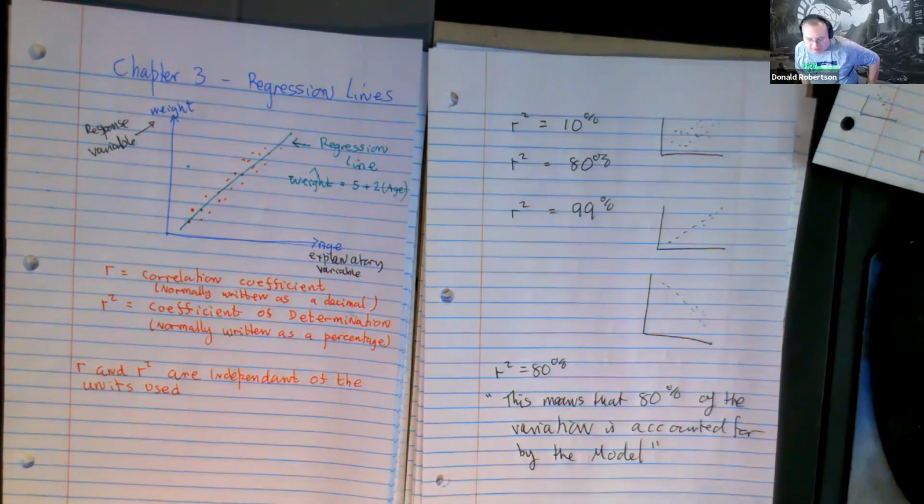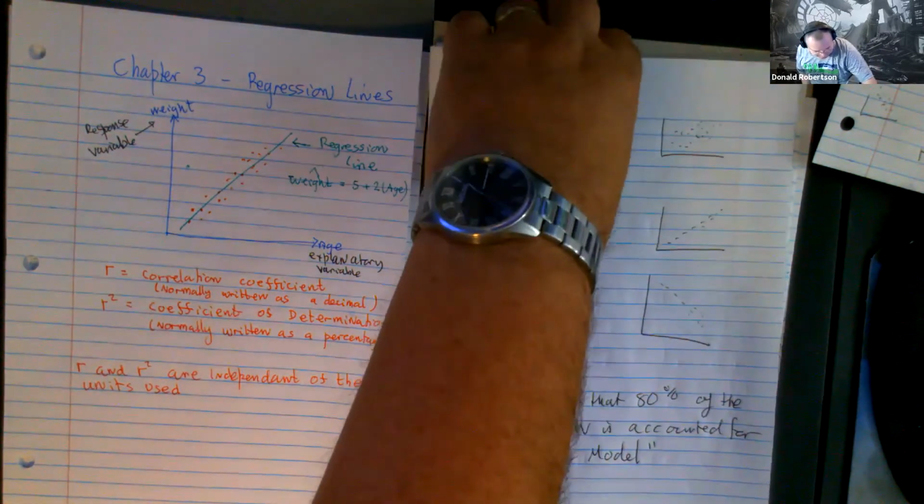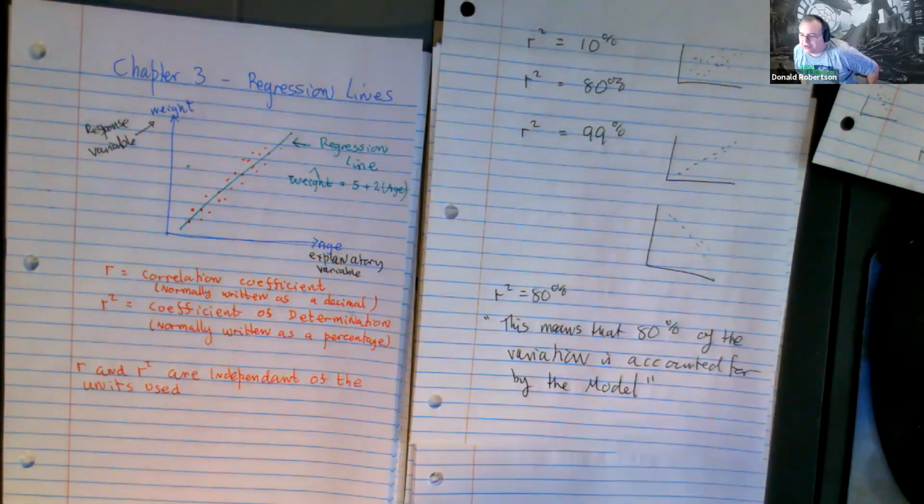If you want to put it more in English, if R squared is 80%, you can think of it like 80% of the time, isn't that line going to be pretty close to the real answer? Right, if you used it to predict something, 80% of the time it's going to be darn close.